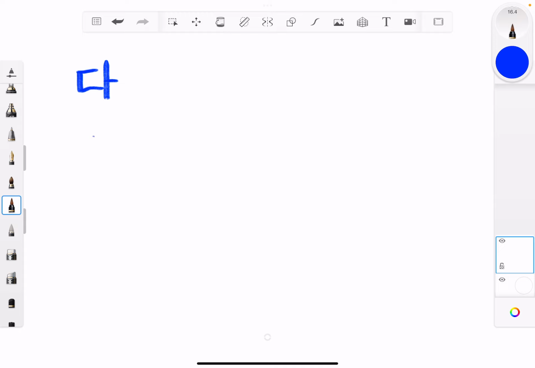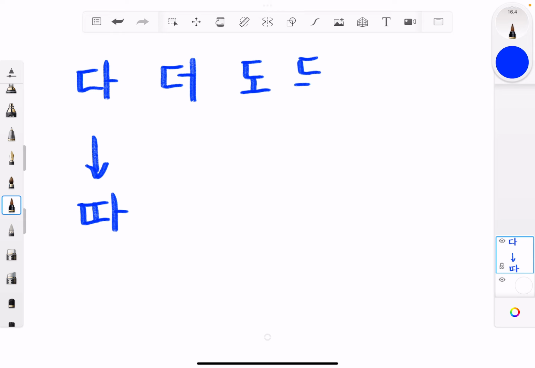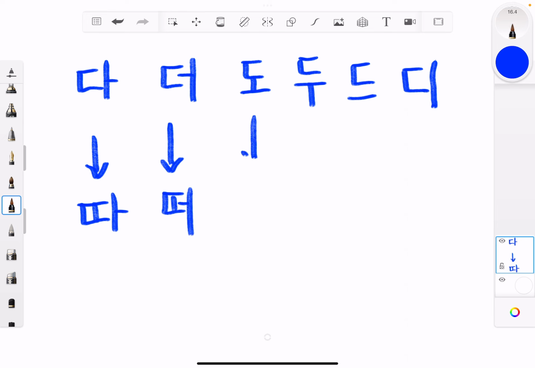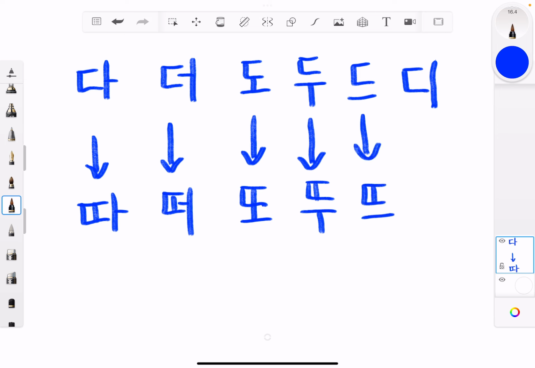And let's work on another one. Ta to da. Right? So what is it? Ta, to, tu, ti, right? Ta is going to be what? Da. To is going to be what? Do. Tu is going to be du. And ti is going to be di. Okay?